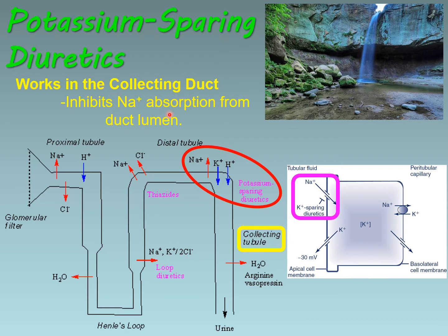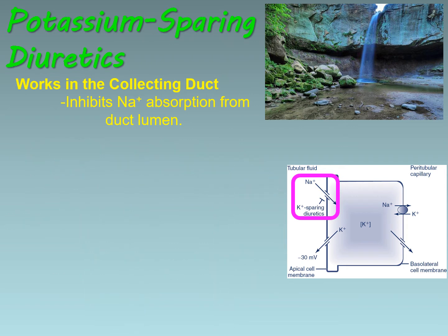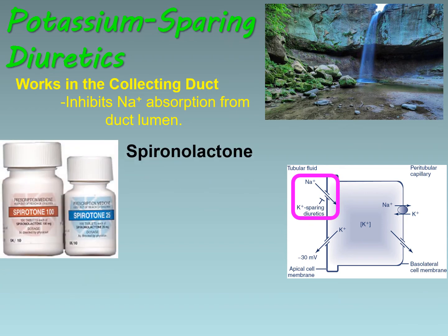It's directly inhibiting sodium absorption from the lumen of the kidney tube. Our poster child for potassium-sparing diuretics is known as spironolactone. Spironolactone works by preventing sodium reabsorption.